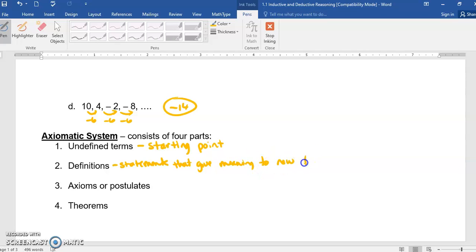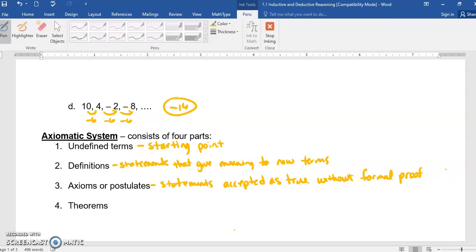And then axioms or postulates are statements about undefined terms that are just accepted as true without formal proof.